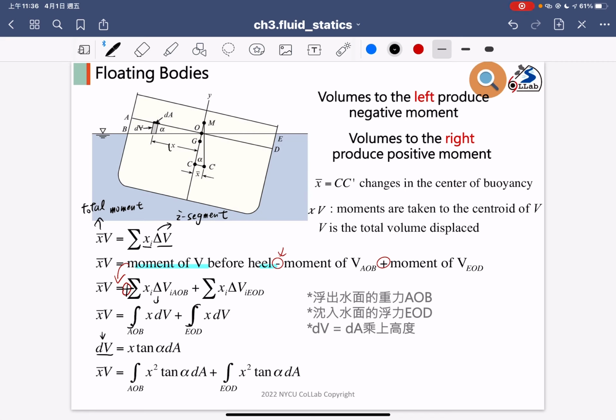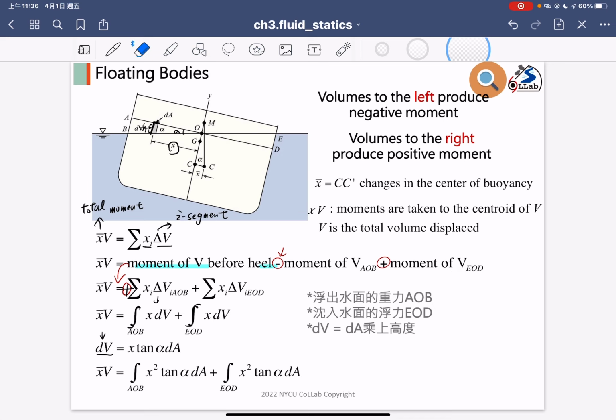Because we know that is the AX, and the height along this direction is the height. So we know that the tangent alpha is here.